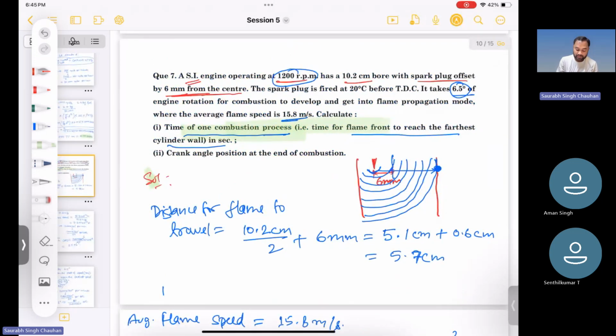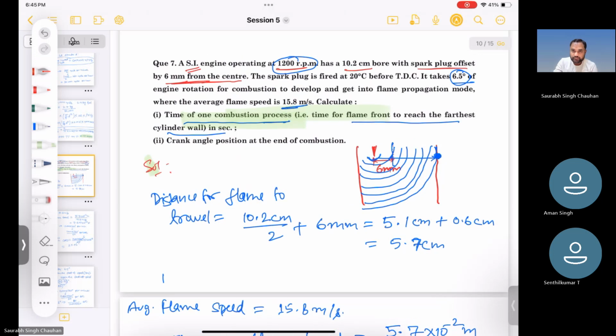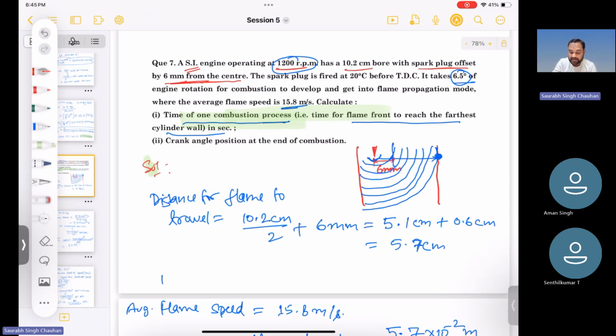Okay. Now, second part, it says crank angle position at the end of combustion. So when will the combustion be completed? First of all, there is a spark plug, right? And it is given that the spark plug is fired at 20 degrees before top dead center.